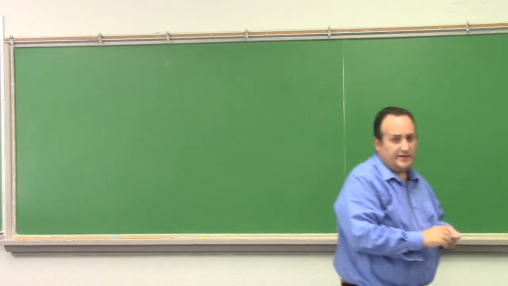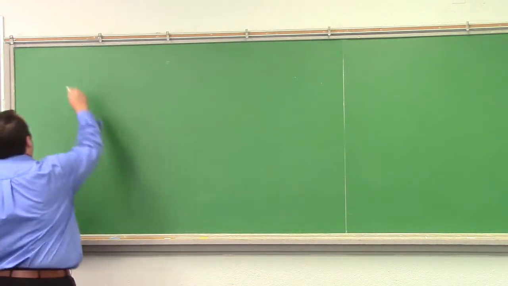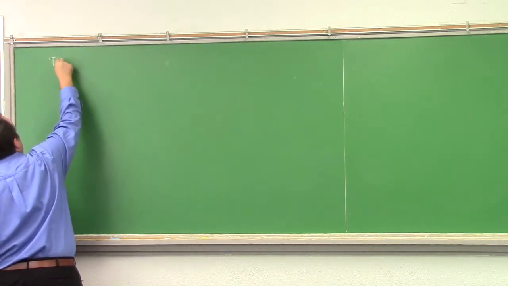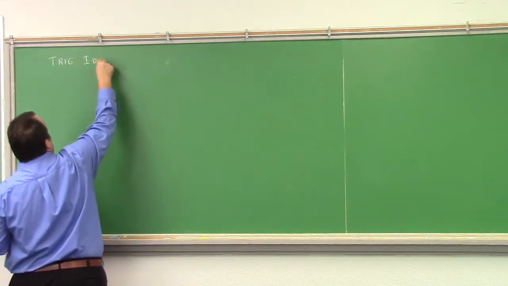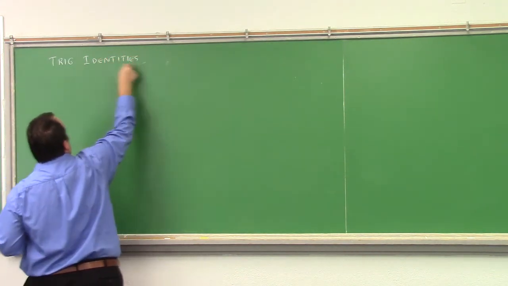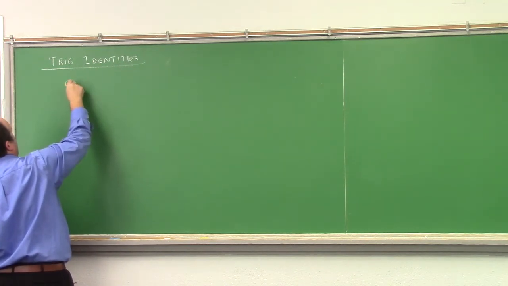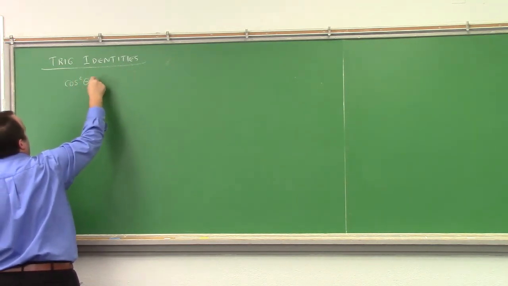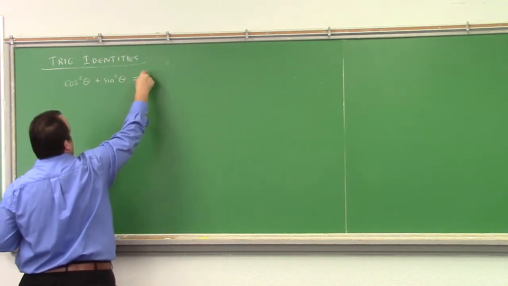At the moment, we really don't have too many tools at our disposal. So as we think about trigonometric identities, I think the main one I think about at the moment for you guys is that cosine squared theta plus sine squared theta is 1, right?